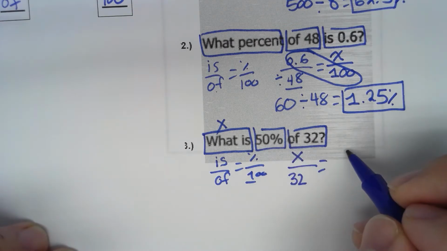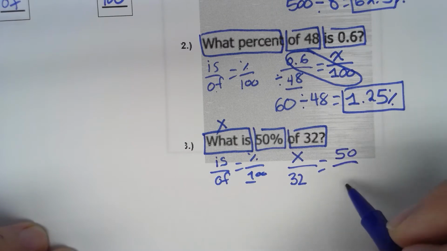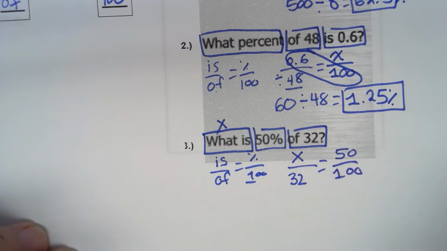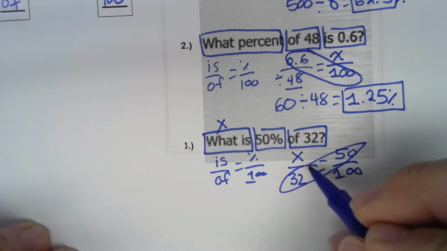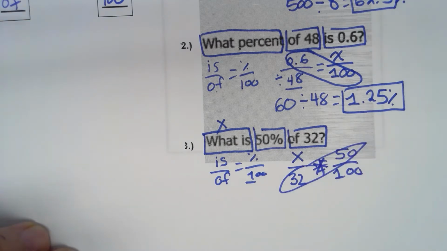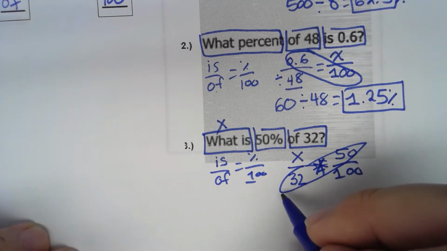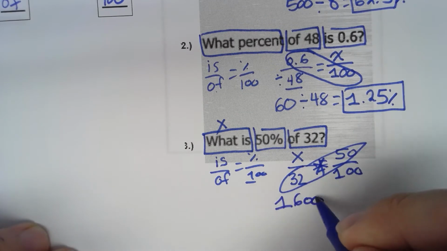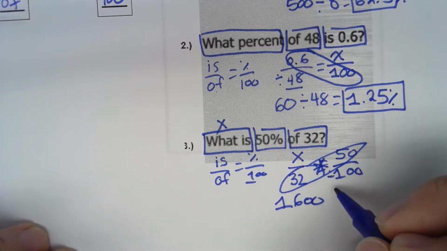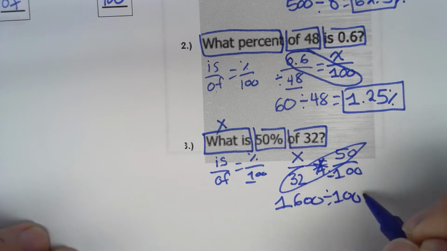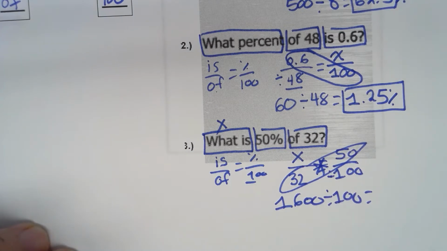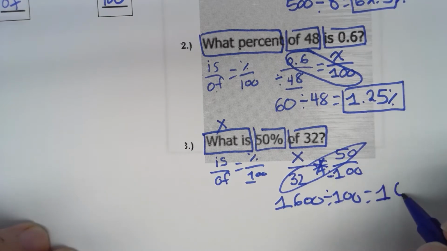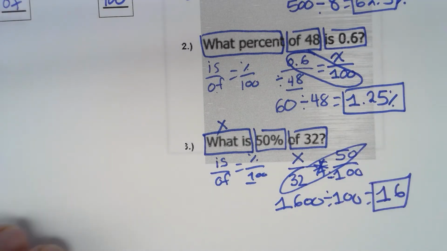Percent is 50. And then this is always 100. I'm going to cross multiply. 32 times 50 is 1,600. And then I divide by 100. And I should get 16.